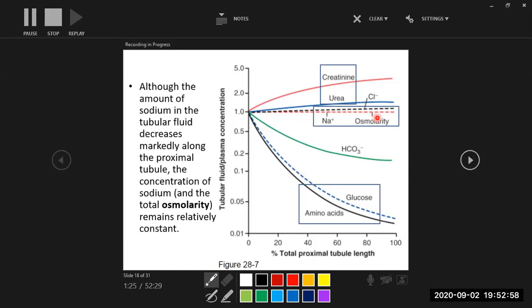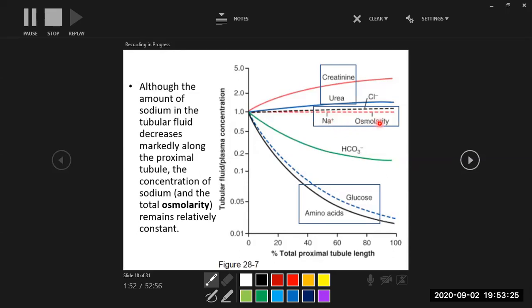But for the sodium and osmolarity, this one will be very much the same because when we reabsorb the salt, the equivalent amount will be reabsorbed in the water. We reabsorb salt about 65%, right? Remember, about 2/3. But the bicarbonate is 85, glucose, amino acids 100. So relatively, this concentration would decrease, even though water is also reabsorbed.